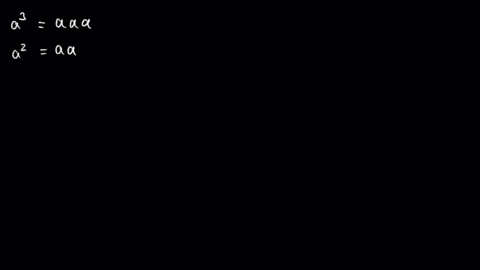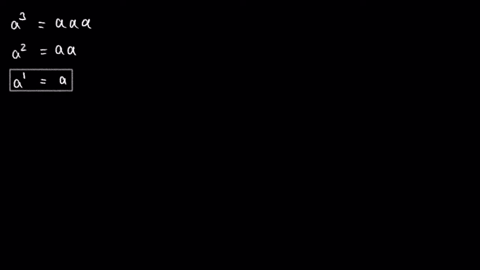And when we have just an a, we can write a to the first power. In other words, anything raised to the first power is itself. This is very important. I highly recommend memorizing this.